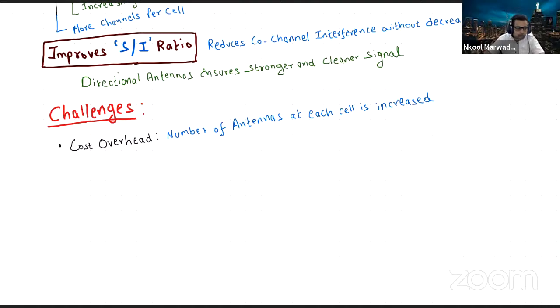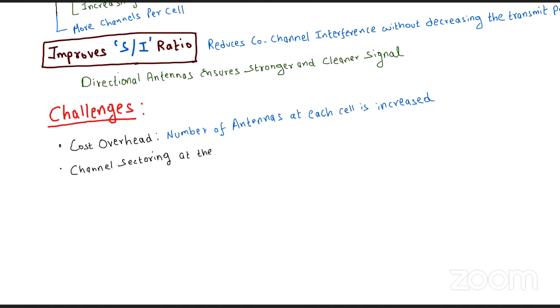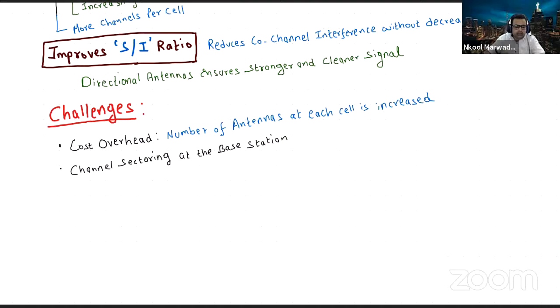Second, channel sectoring at the base station decreases trunking efficiency.